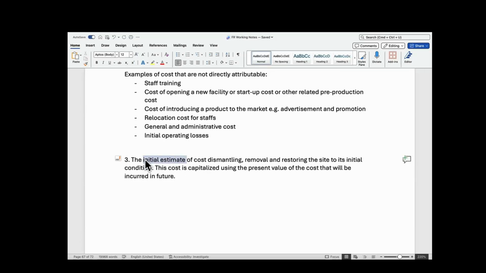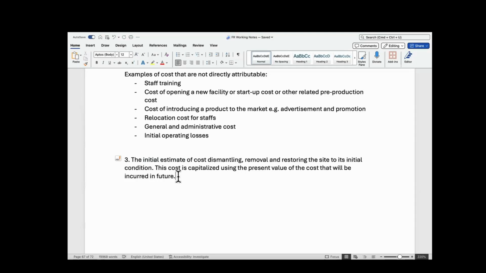Okay, and this usually operates in a situation where it is required by the legal condition of the environment you operate, or you have made a commitment that after the period of the assets, you would help them recover their land and restore it.